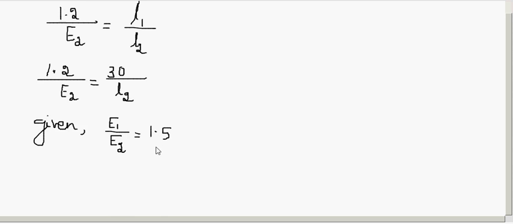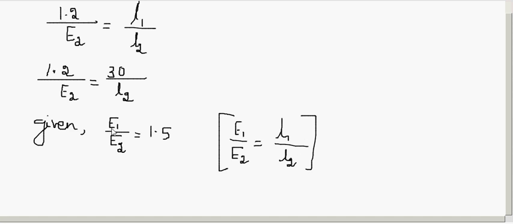And because E1 by E2 is equal to L1 by L2, E1 by E2 is 1.5 also means that L1 by L2 is 1.5, or L1 is 1.5 L2.